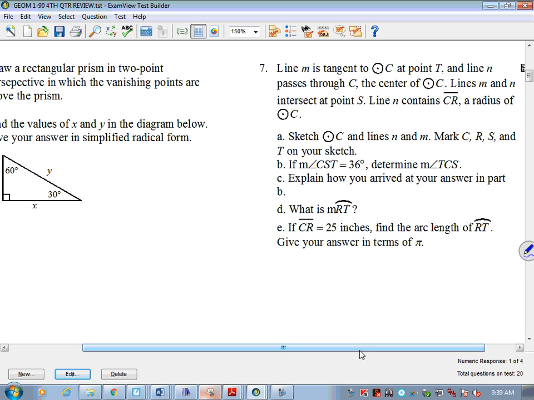Okay, so what's the first thing that you want to draw? A circle. Okay. All right, line M is tangent to circle C. Okay, so we need to draw a line. Anybody want to draw a line that's going to be tangent to this circle? What do we know about a tangent line?